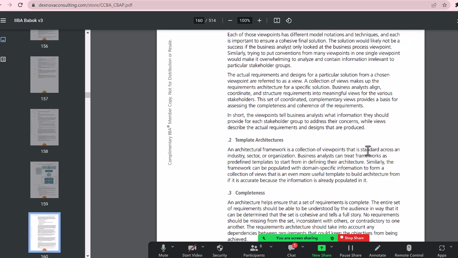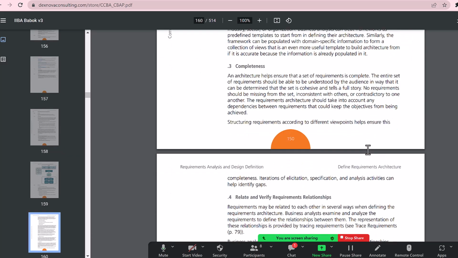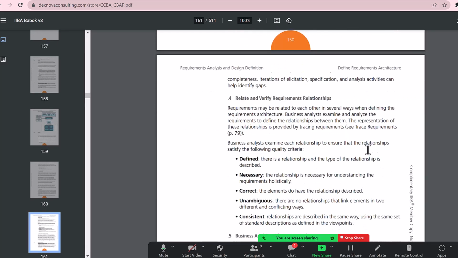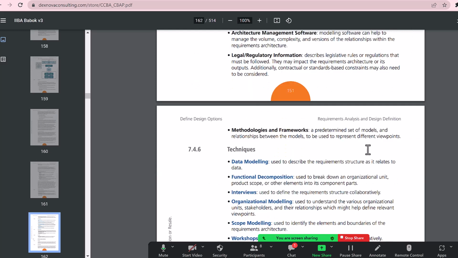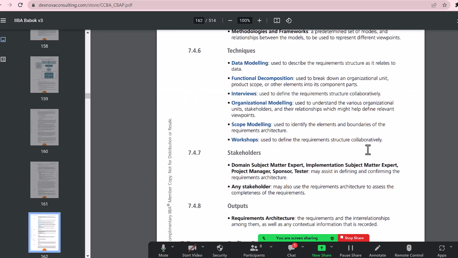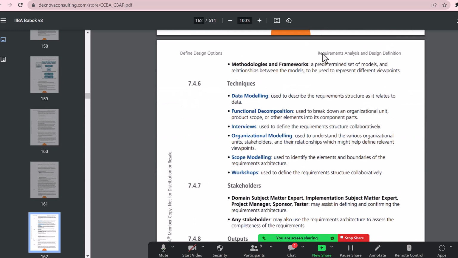Okay, I have to tell you about some of the diagrams that you will be using. See here, these are the techniques for this architecture. What is scope modeling? What is data modeling?